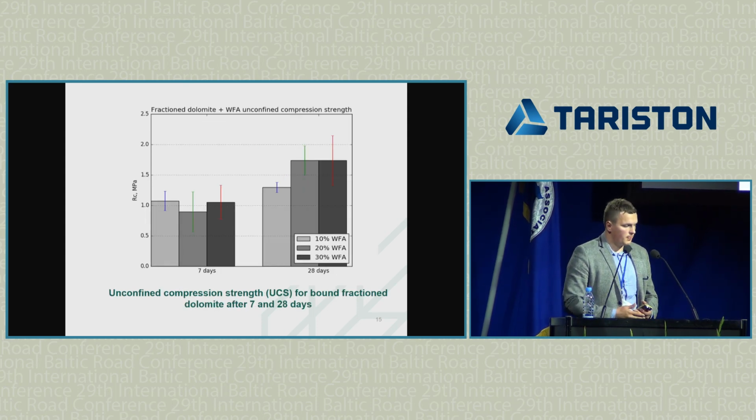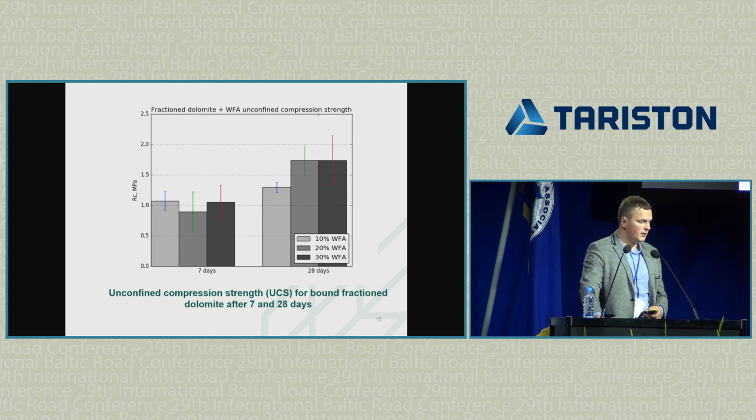Then we prepared samples in 150 millimeter Proctor molds for curing, for hardening, for 7 and 28 days. And you can see here results for the dolomite after 7 and 28 days.